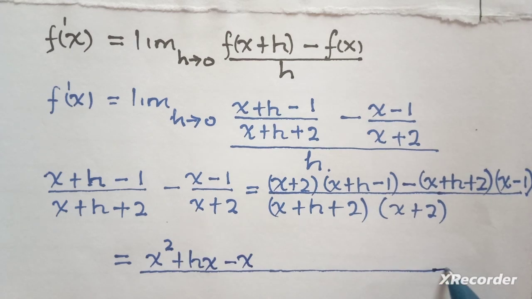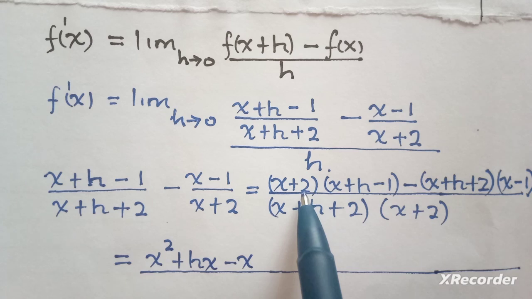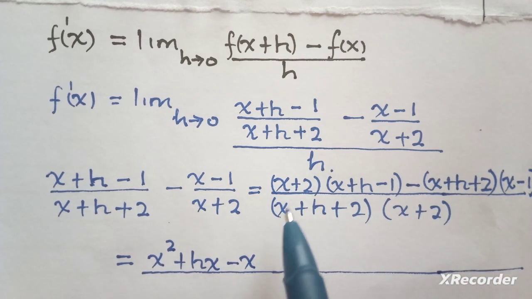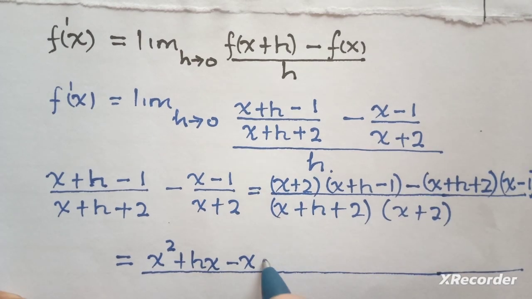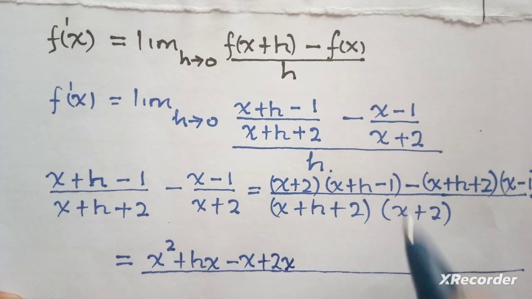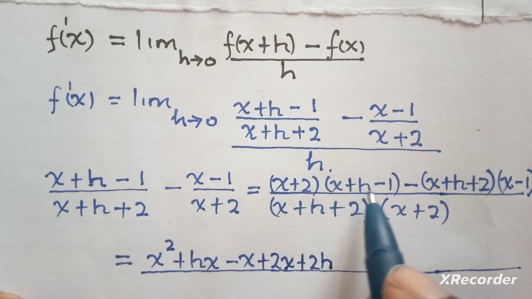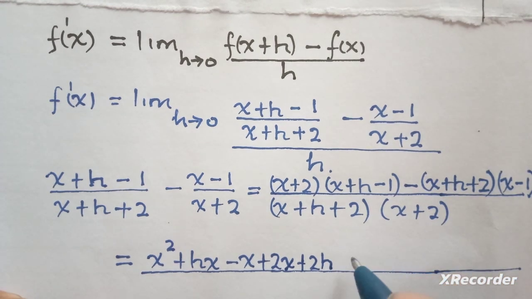We continue. Now we come to 2. 2 multiplied by x is plus 2x. 2 multiplied by h is plus 2h. 2 multiplied by negative 1 is negative 2.